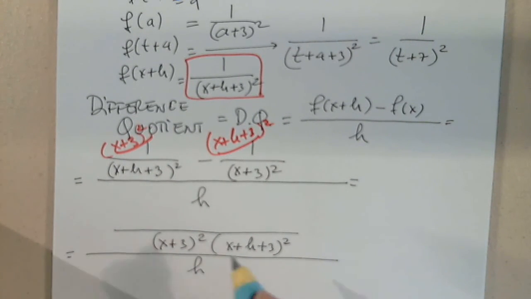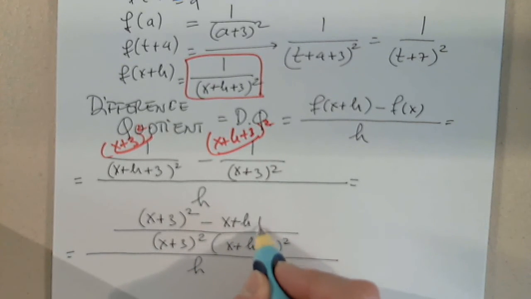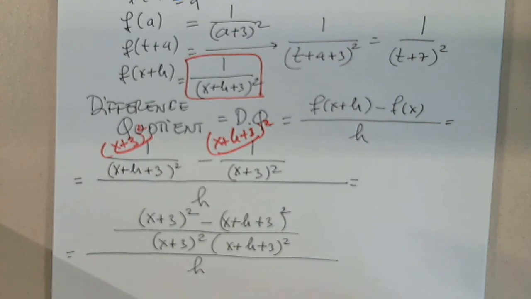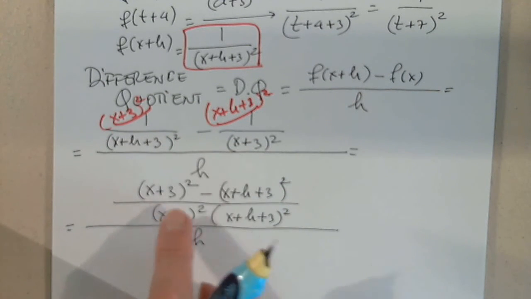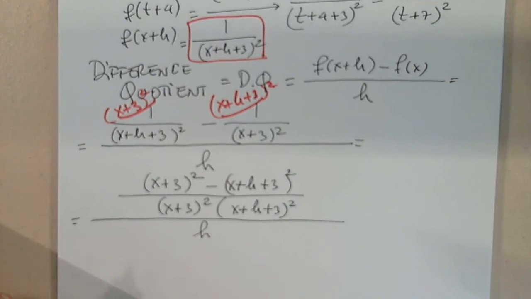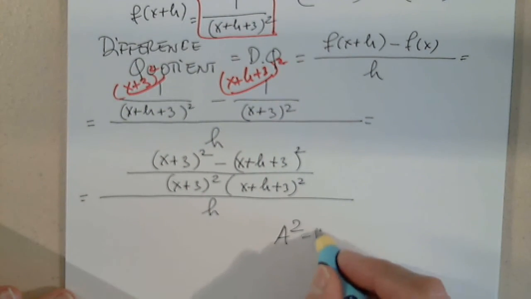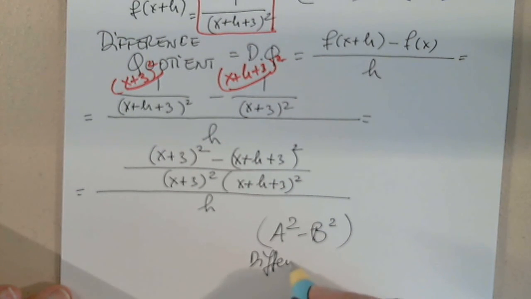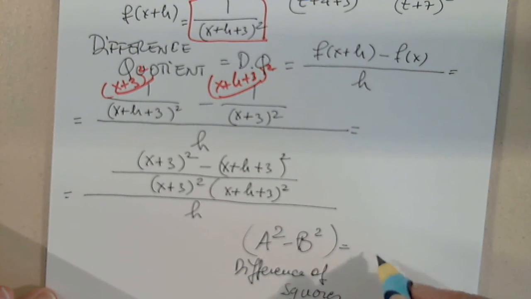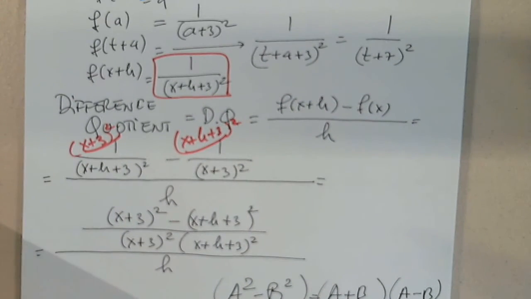So therefore, the numerator of this expression will be x plus 3 everything squared minus x plus h plus 3 everything squared. Instead of squaring these quantities, the binomial and the trinomial, to simplify I will be using the formula a squared minus b squared, which is the difference of squares, which factors into a plus b times a minus b.